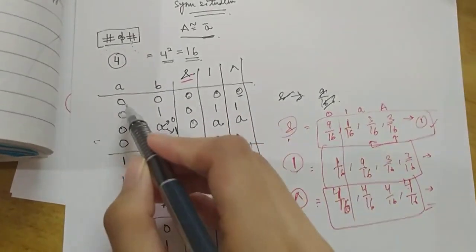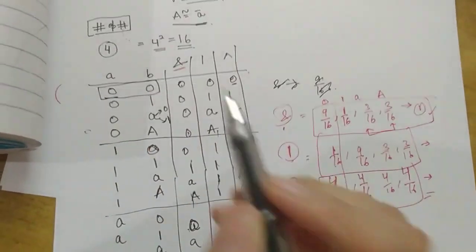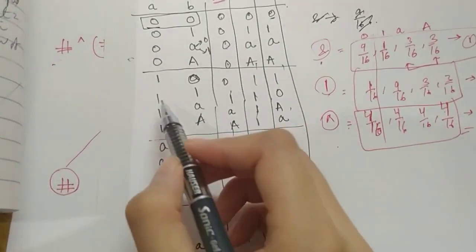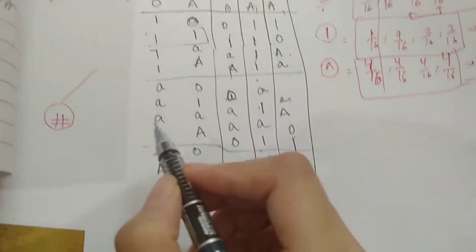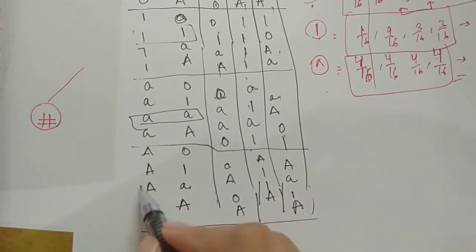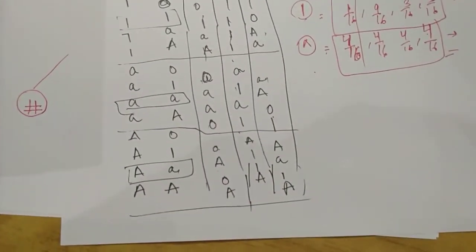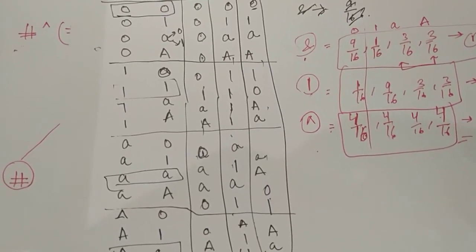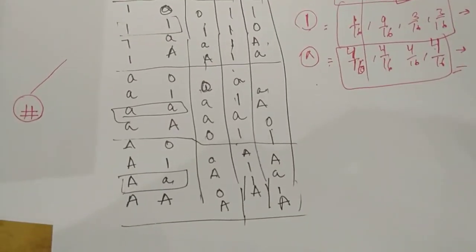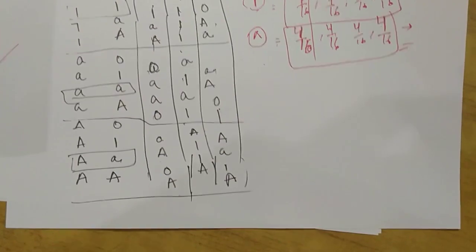0 we can get with A, B, 0, with A, B, 1, 1, with A, and with capital A, and with sorry, I missed something.